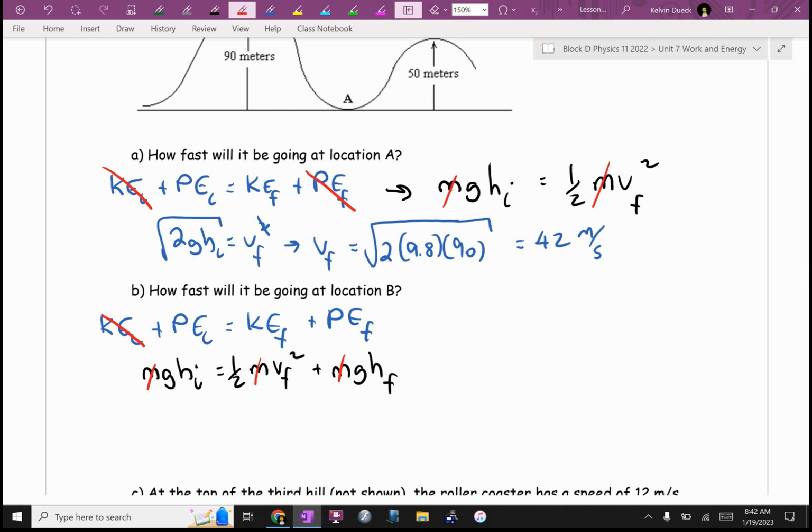Okay. How? Well, there's the VF right there. Let's be more meticulous. I guess the left side is going to drop down like a domino. And then I think, well, what would I do next? Yeah, I would minus gh final.